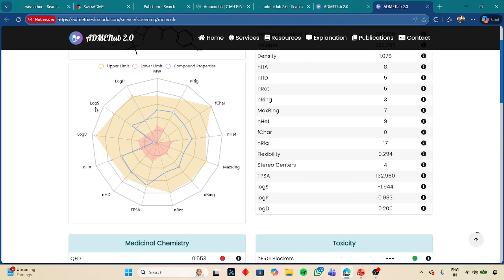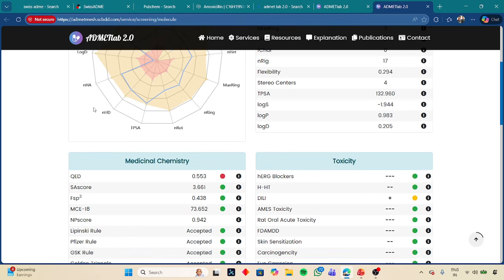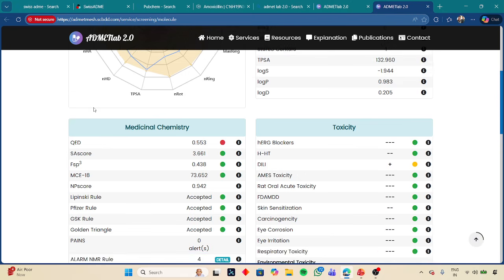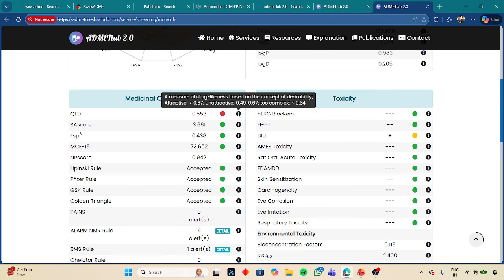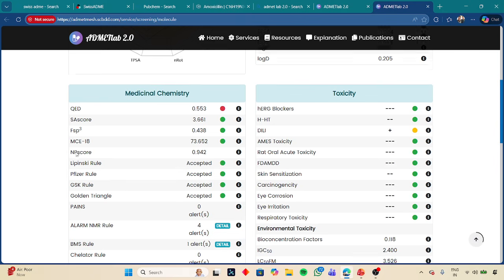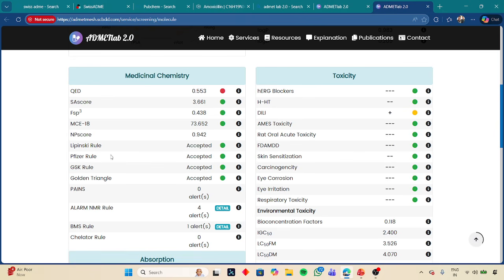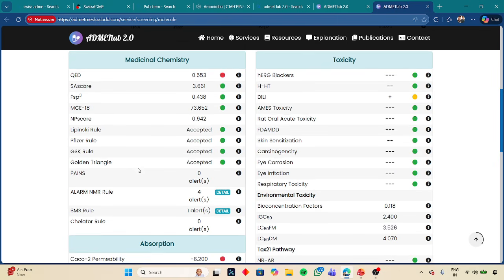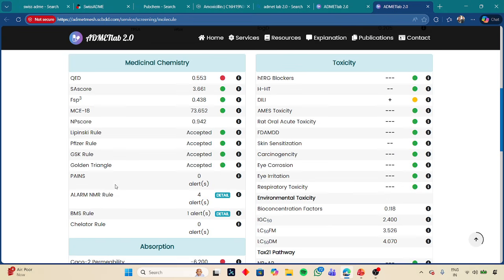The logS value is the water solubility parameter. All these things have been given. Here you can see that it is accepted by the Lipinski rule, the Pfizer rule, the GSK rule, and it is following the Veber parameter also. Golden Triangle and the PAINS.